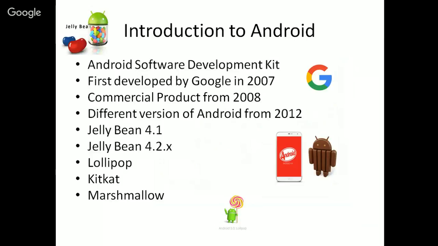From Jelly Bean onwards, different operating systems became popular on the Android platform: Lollipop, KitKat, and the latest one is Marshmallow, which is one of the most popular and reliable operating systems in the field of Android.